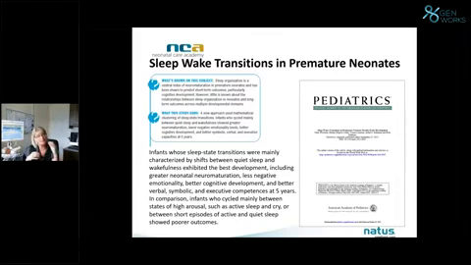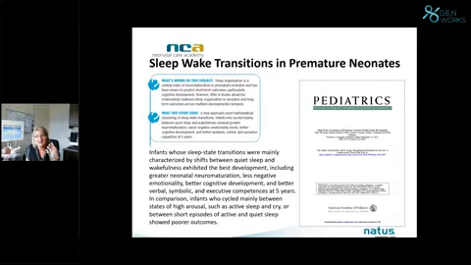That was in comparison to infants who cycled mainly between very high states of arousal, lots of active sleep, cried a lot, and had very short periods between their active and quiet sleep. They showed poorer outcomes. And again, this comes back to the environments and the caregiving that we offer these infants to try to protect this quiet sleep as much as possible. And of course, with the aEEG, we can see when these infants are in a quiet sleep state, and we can hope to protect them at that point in time.